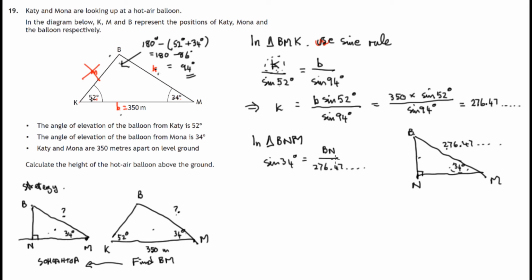We get rid of this divide by 276.47 by multiplying by 276.47, and have to do that on both sides. So 276.47 multiplied on the left, and the same number multiplying on the right will get rid of this divide by 276.47. So we'll just be left with BN on its own. So that's the calculation that we have to do now.